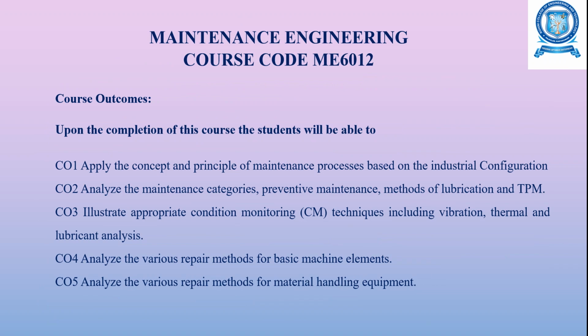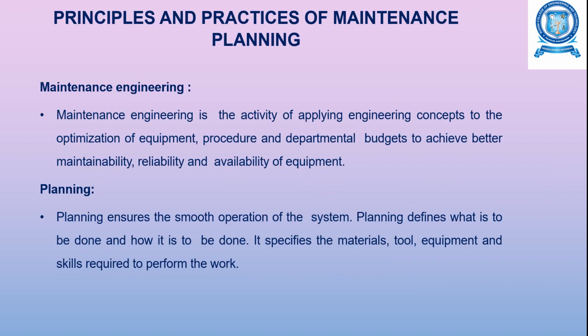And from Unit 4, the students will be able to analyze the various repair methods for basic machine elements. And from Unit 5, the students will be able to analyze the various repair methods for material handling equipments.